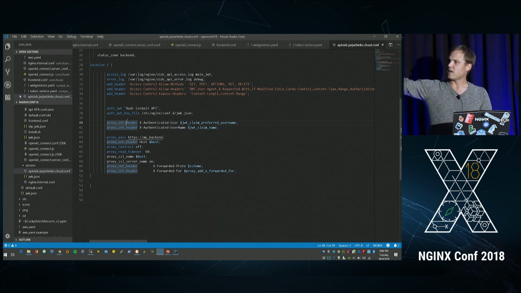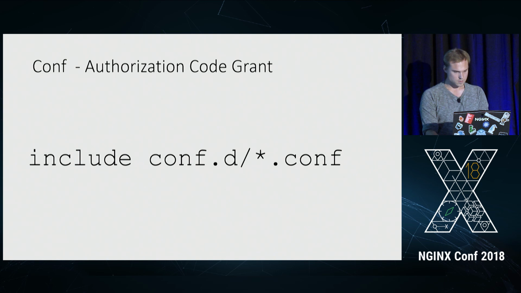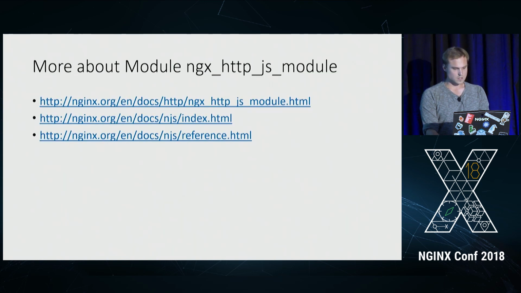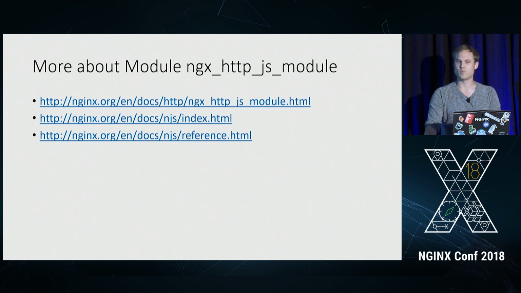But with these 4 lines of code, you can protect your API host and make it secure for requests from the internet. This is more about the NGINX JavaScript module, which is really worth a look.